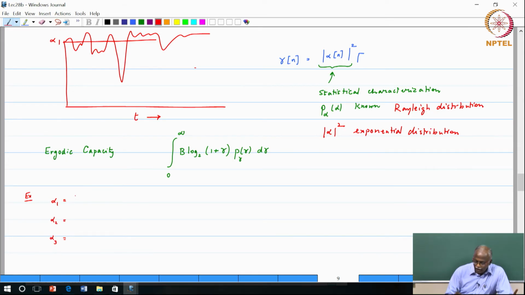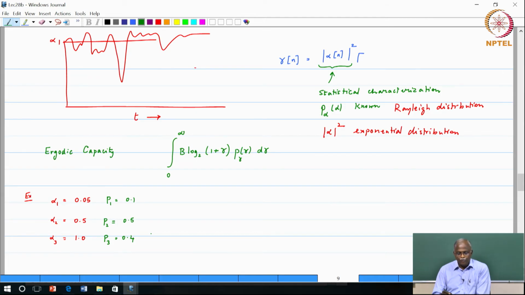Alpha 1 is a very bad situation, 0.05, alpha 2 is not so bad, and alpha 3 is the nominal one. The probability of alpha 1 is 0.1, 10% of the time, alpha 2 is 50% of the time, and alpha 3 is 40% of the time. Can you compute for me the ergodic capacity?